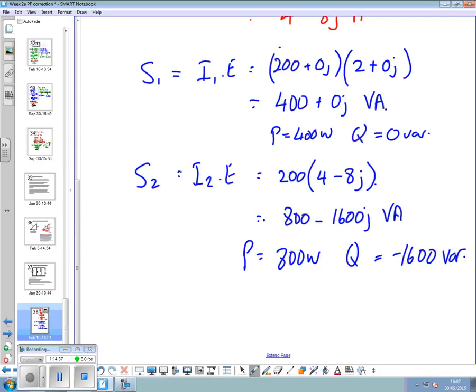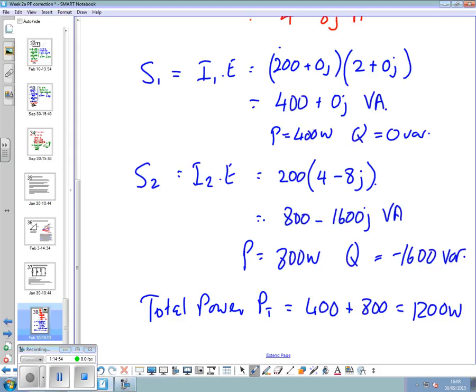The question said total power, didn't it? Total power PT is 400 plus 800, which is 1200 watts. QT, there's only one Q, that's minus 1600 var.